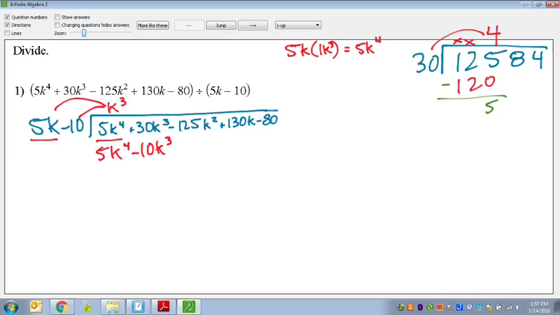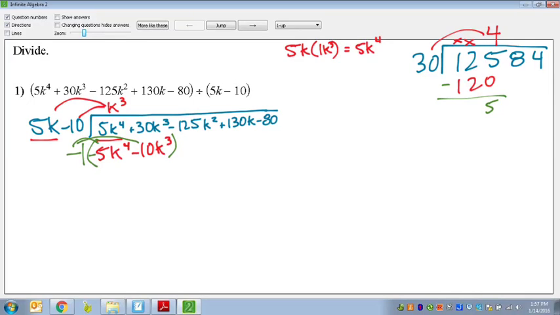So we're going to do the same thing with our polynomial, but we need to subtract everything that we just wrote down. So we have to subtract 5k to the fourth minus 10k to the third. And when we subtract, what that really does, it's like we're distributing a negative 1 inside. We're going to change all the signs inside the parenthesis. So instead of positive 5k to the fourth, we have negative 5k to the fourth.